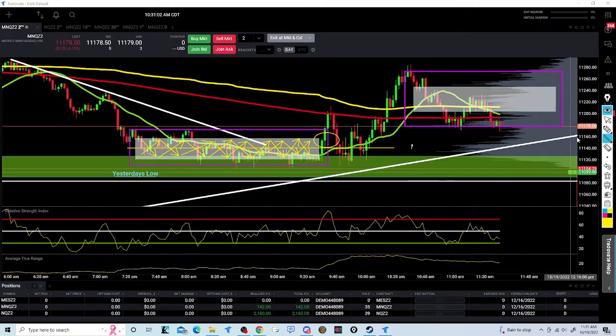Notice price action has stayed below this range the entire time. We want price action to be in the top 50% if we're going to trade the breakout of it.